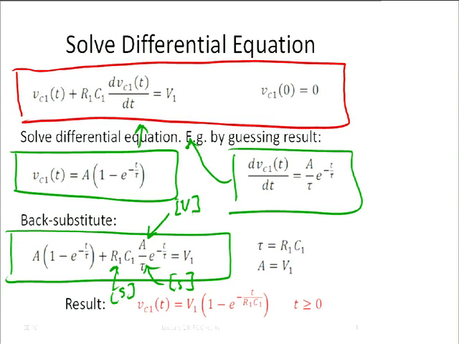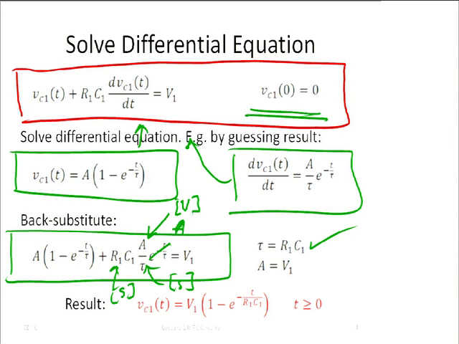Then we know that for time equals 0, Vc1 must be equal to 0. So let's just plug in time t equals 0. Then this term becomes 1, and 1 times A is A, and this one becomes 0. So this whole thing becomes 0, because e to the minus t over tau is now 1, and 1 minus 1 is 0.